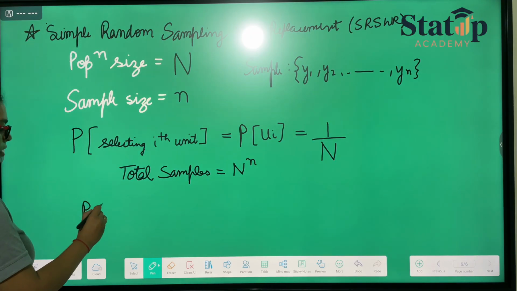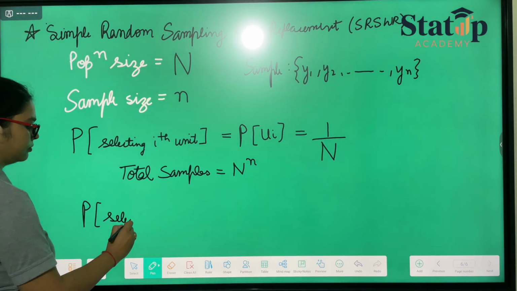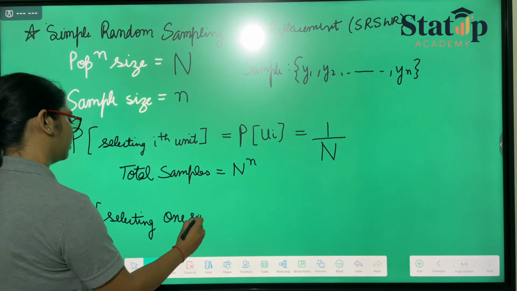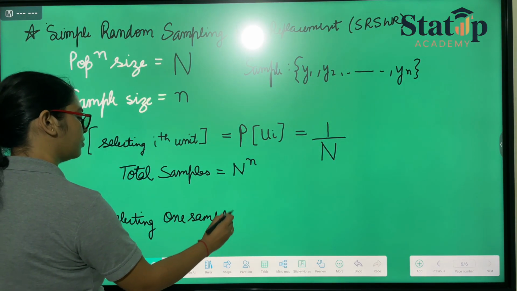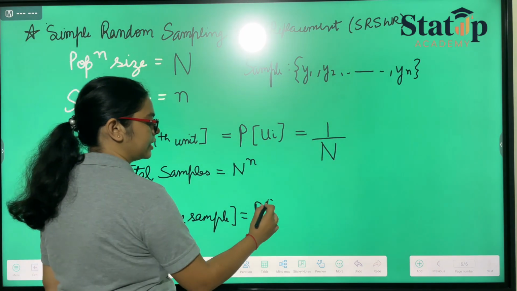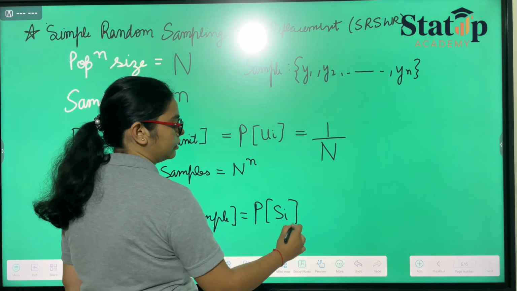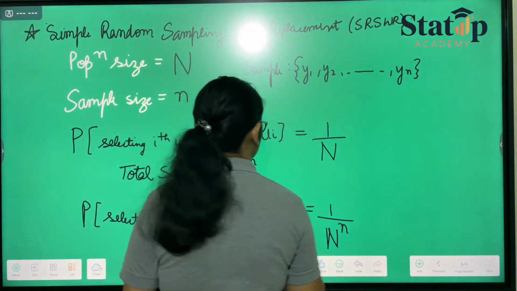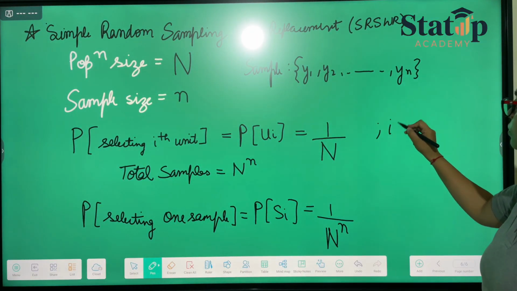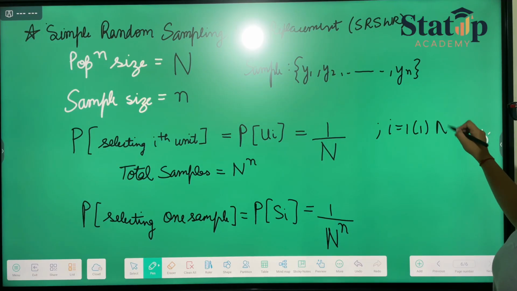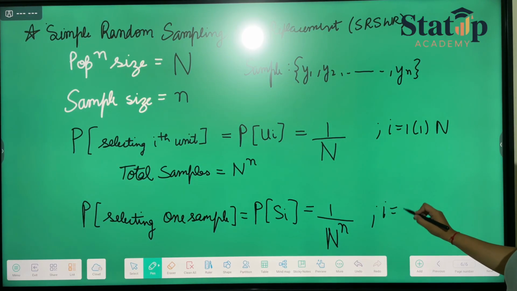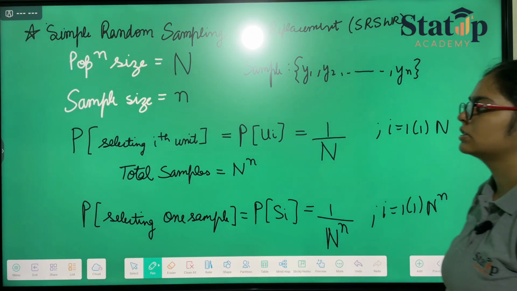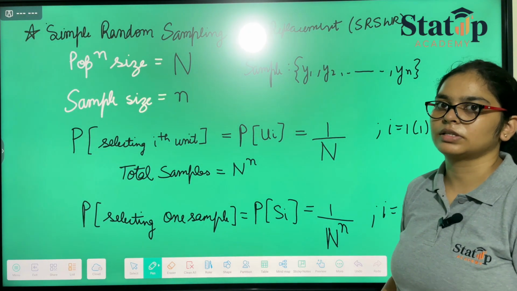So the probability of selecting one sample, or we can say the probability of selecting Si, the ith sample, is nothing but 1 upon capital N raised to the power small n. Here i goes from 1 to capital N raised to the power small n. So this is the crux of simple random sampling. This is how we denote it in terms of notations.